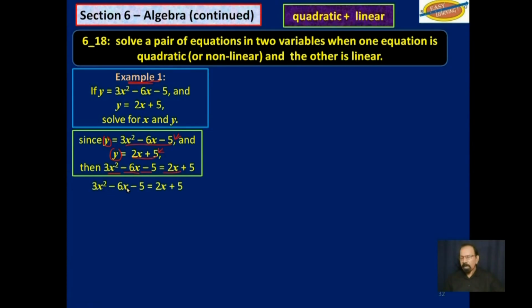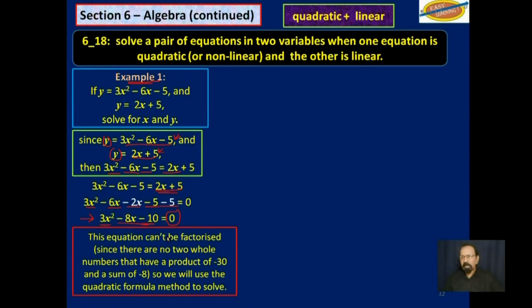So now we can combine this, move these two expressions from the right-hand side to the left-hand side, and then we simplify that. 3x squared, that negative 6x plus this negative 2x would give us minus 8x, and 5 minus 5 would give us negative 10. And of course, we have 0 on this side. So now we have a single quadratic equation without y.